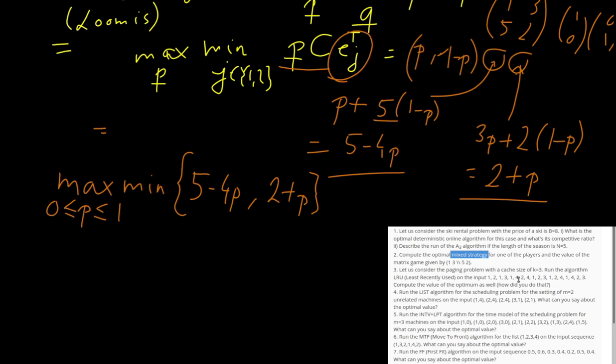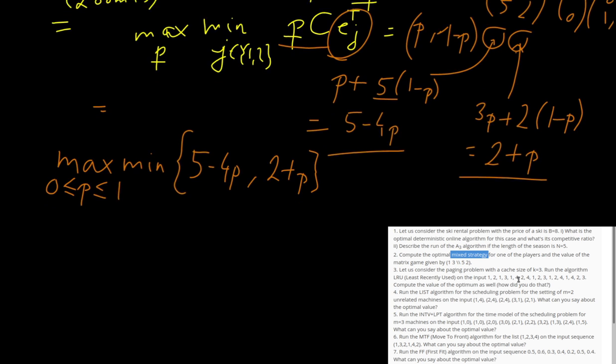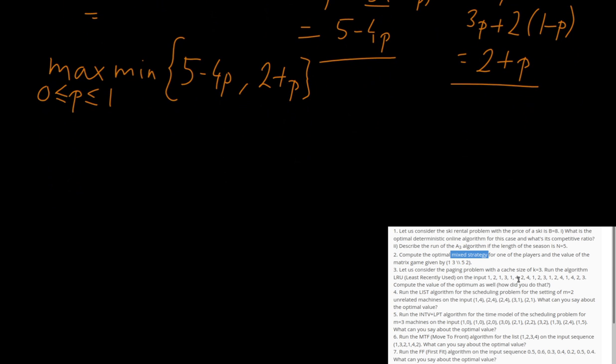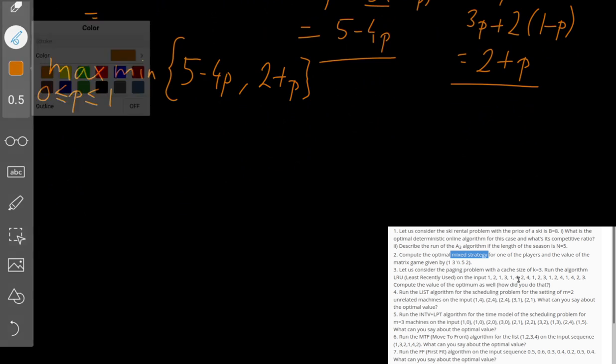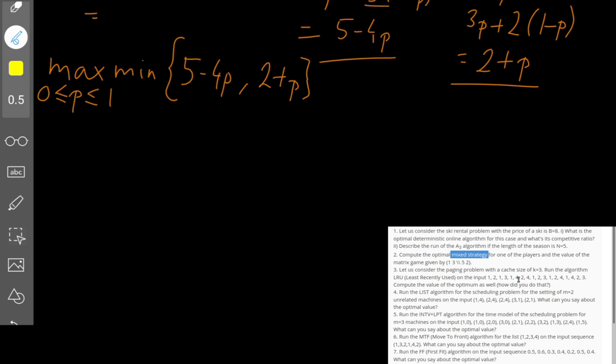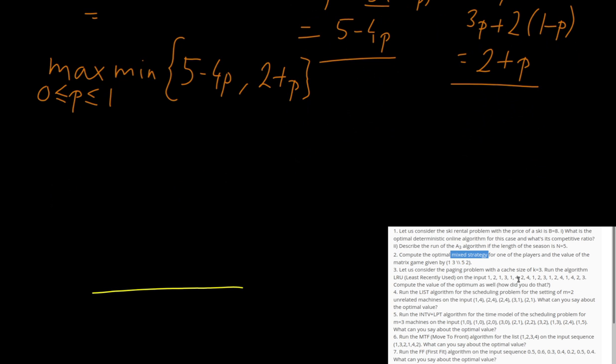Now you can solve this using a linear programming solver if you wish, but I think it's easy in this case just to draw a graph of these things. So for the value of p, which should be between 0 and 1, for the first one I have 5 minus 4p.